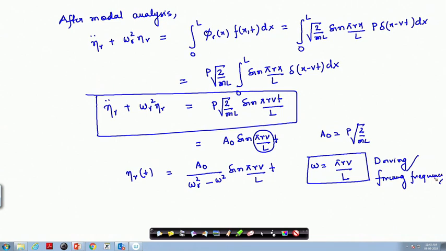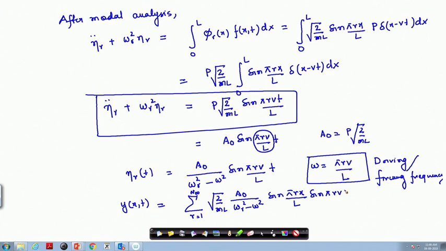So, again y x comma t can actually be written as the summation of r equal to 1 to infinity of root over 2 by mL into a 0 by omega r square... So, this is the solution of the system.